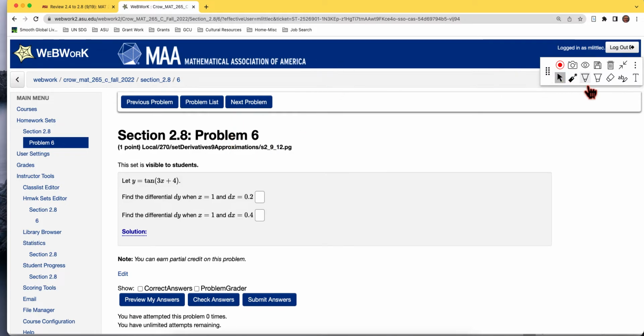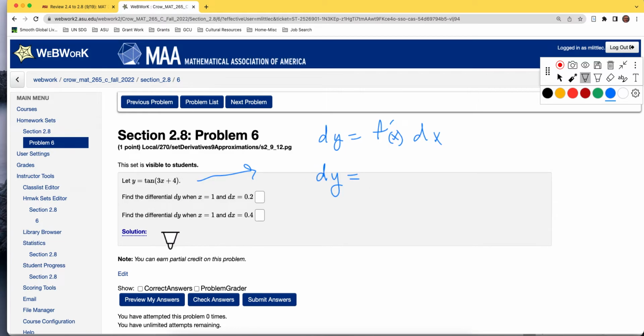So it's sort of like implicit differentiation. But remember, what we're going to do is take the derivative of both sides. We'll get dy on the left, and on the right the derivative of the function times dx. Derivative of tan of 3x plus 4, we have to use the chain rule, right? So the derivative of tangent is secant squared, and again you're going to see the inside stuff unchanged.